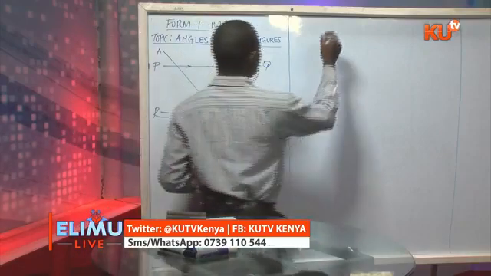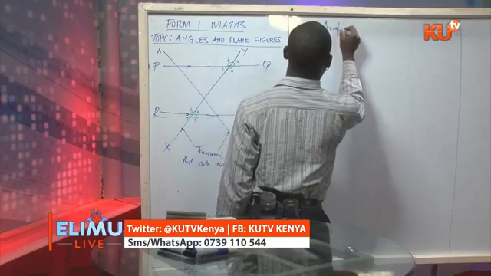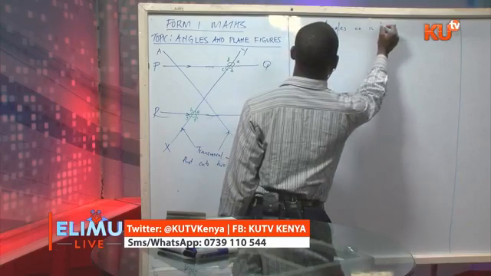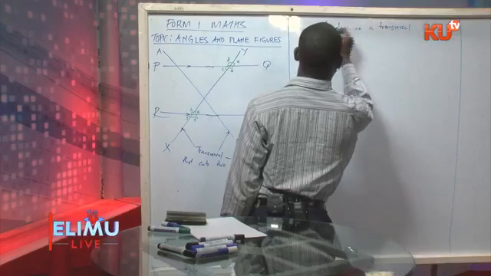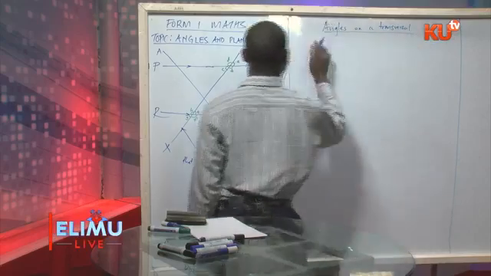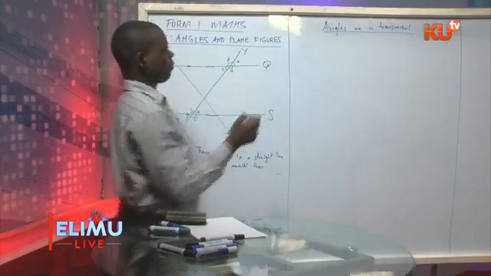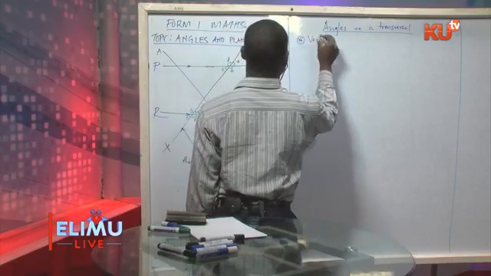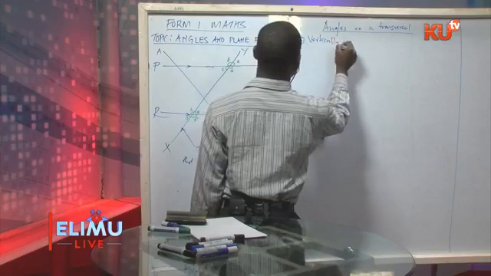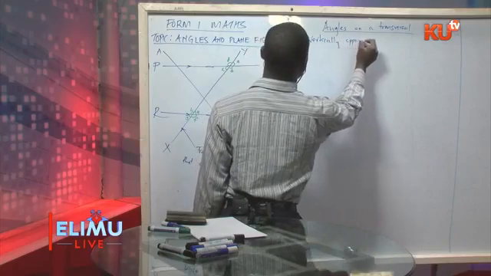So angles on a transversal are of different kinds. We look at four main types, starting with what we call the vertically opposite angles.